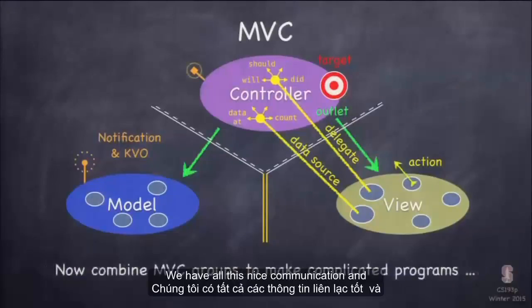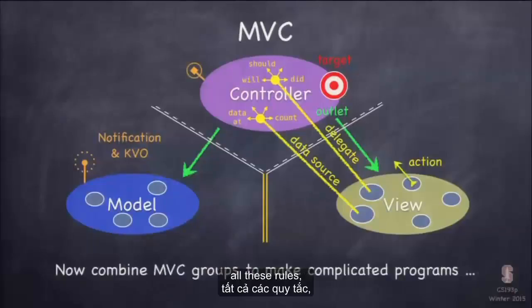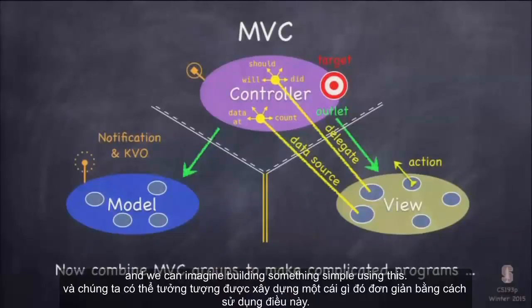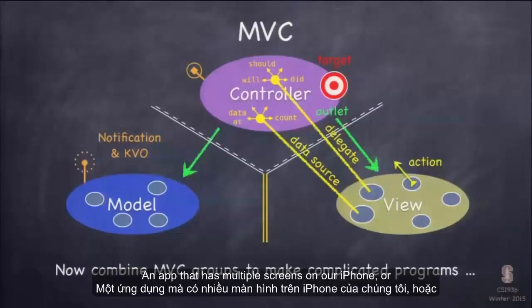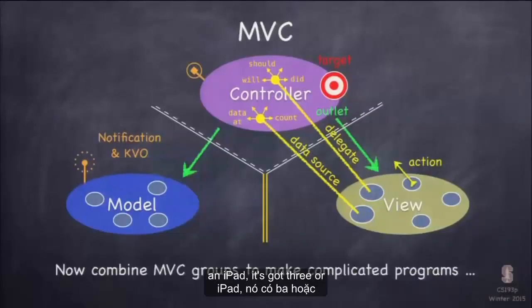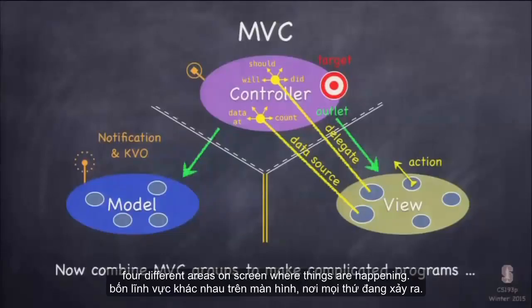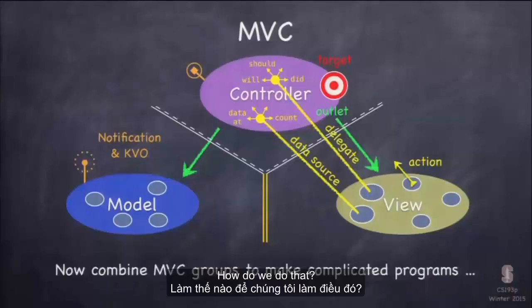All right, so we have all this nice communication and all these rules, and we can imagine building something simple using this. But what if we want to build a big complicated app, an app that has multiple screens on our iPhone or on an iPad, with 3 or 4 different areas on screen where things are happening? How do we do that?